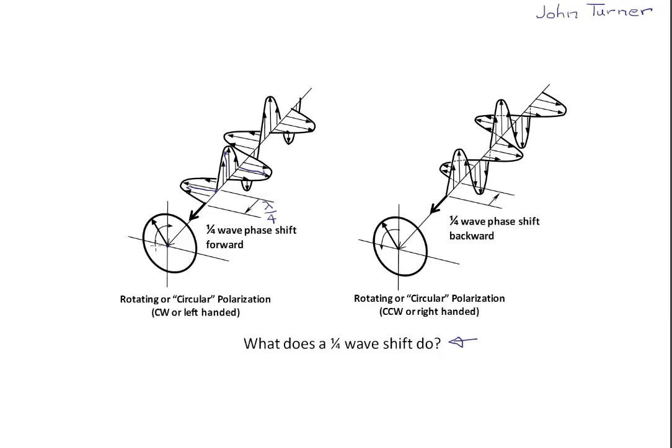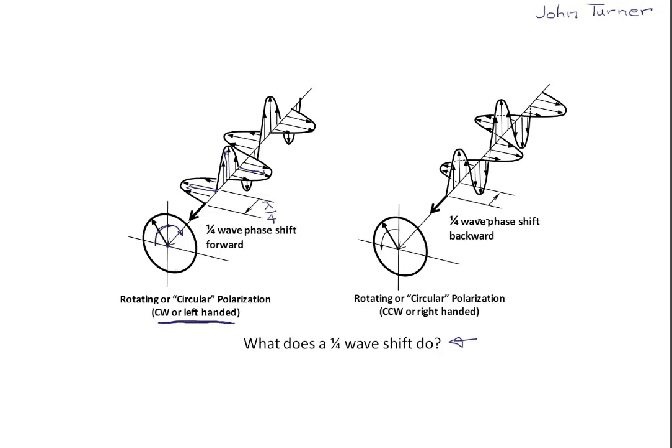In other words, as it passes along in time, the resultant vector is rotating around a circle, and it's actually staying constant in magnitude. So it rotates, in this case, in a clockwise direction. So we call that clockwise or left-handed circular polarization. So we say that's a circular polarized light state.